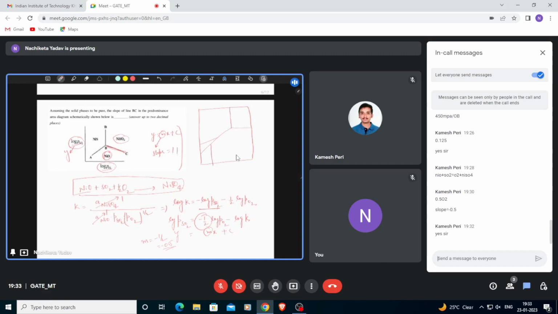This is also a slope type. This area is called NiSO4, means it is stable. This is NiS. This is NiO. This is nickel. And this is Ni3S2. This is log PO2. This is log PSO2.